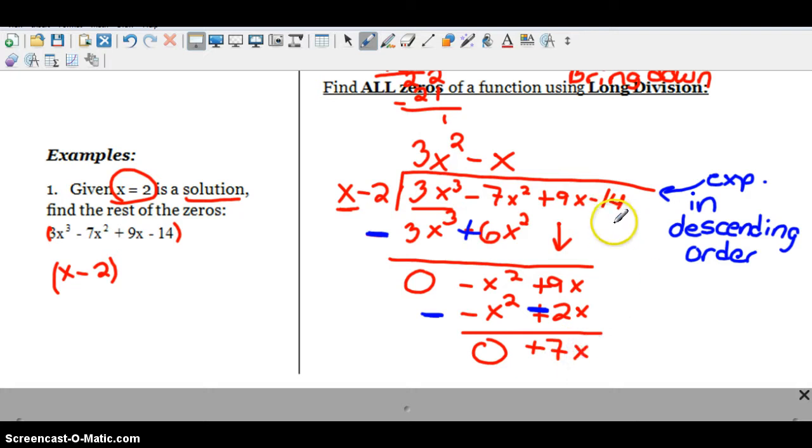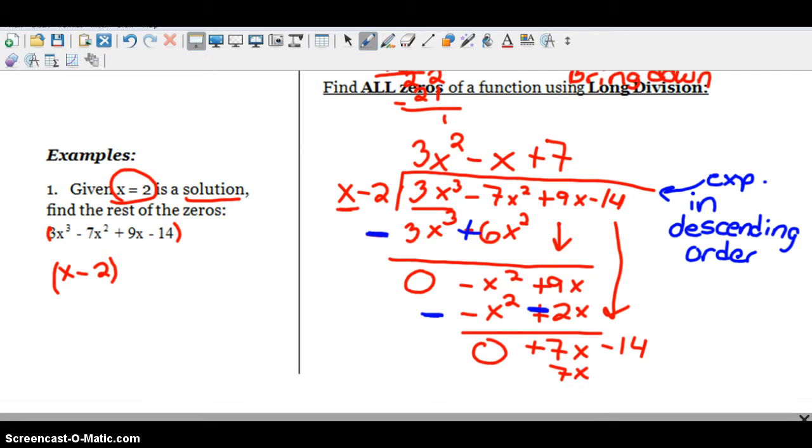And then I'm going to bring down my last term, which is negative 14. X divides into 7x. I'm going to go ahead and put my 7 here. If I multiply 7 times x, I get 7x. Okay? And I distribute, so 7 times negative 2 makes negative 14.